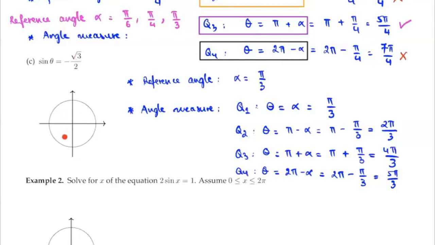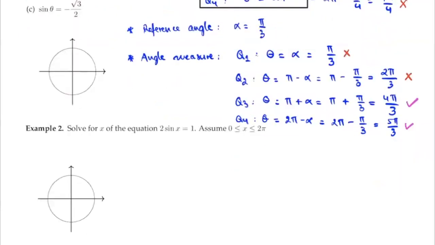In quadrant 3, sine is negative, and in quadrant 4, sine is also negative. So the solutions to this equation should be in quadrants 3 and 4. So theta equal to 4 pi over 3 and theta equal to 5 pi over 3 are the solutions to these equations. And you can just eliminate pi over 3 and 2 pi over 3.